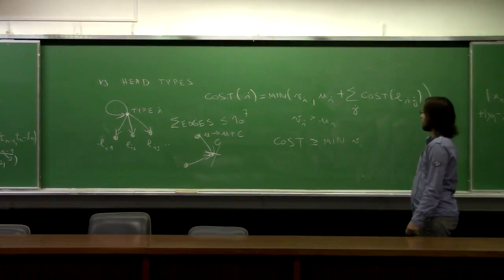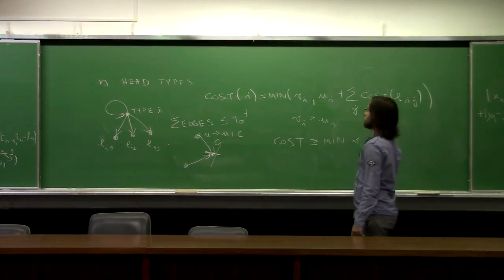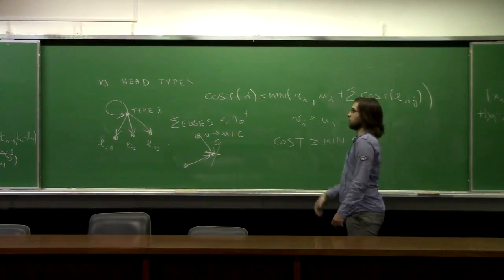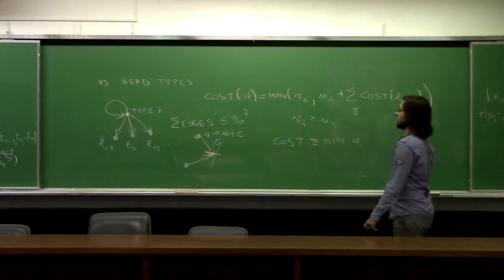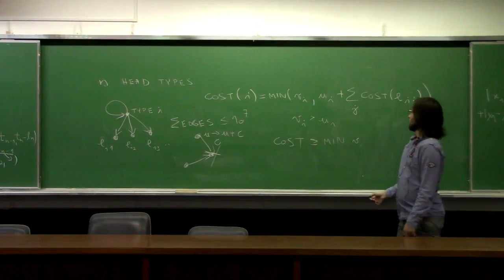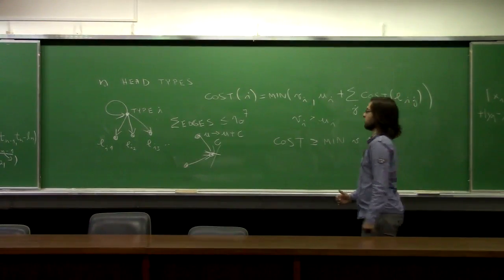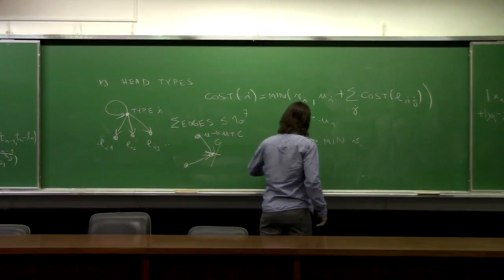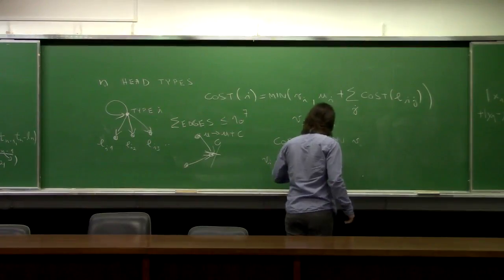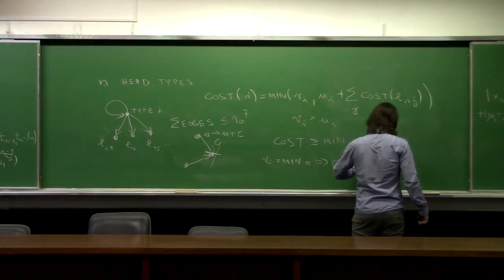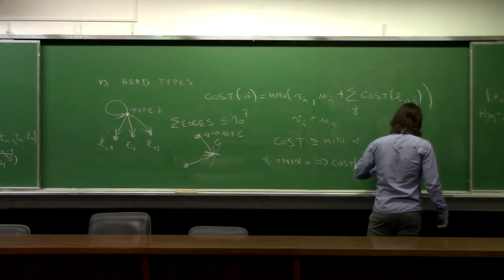So this tells us that it's optimal to just completely destroy the head with a minimum v, because we know that we can reach cost equal to min v for that head, and there is no way to reach a smaller cost. So if v_i equals min v, then cost i is equal to v_i.